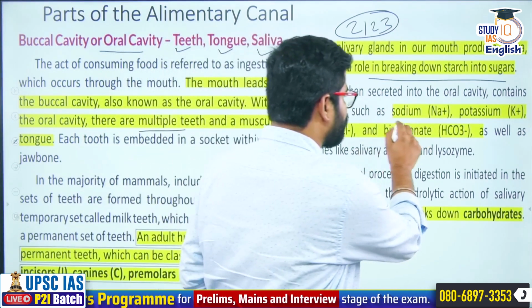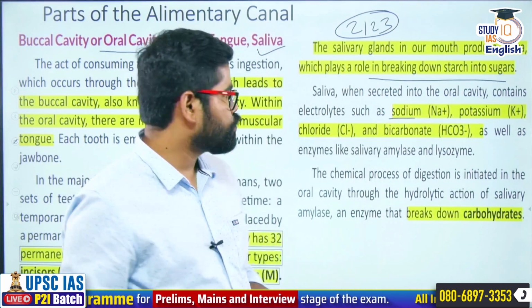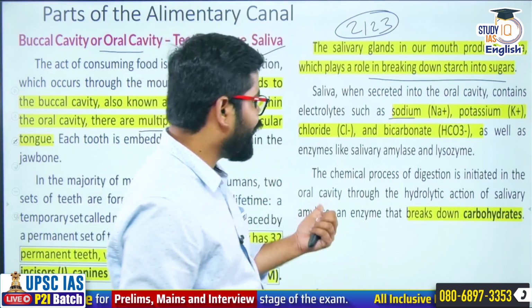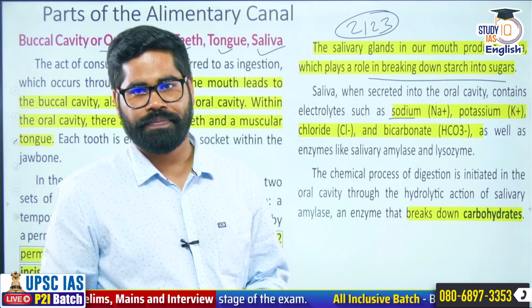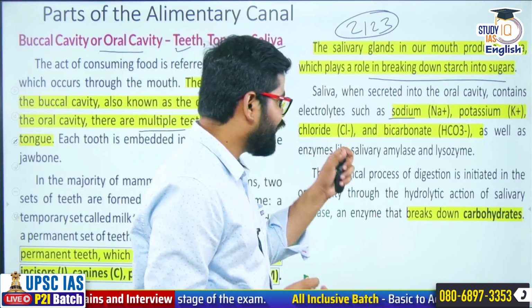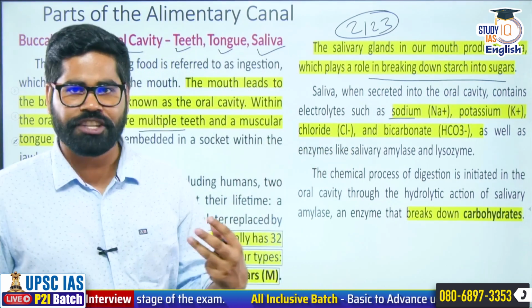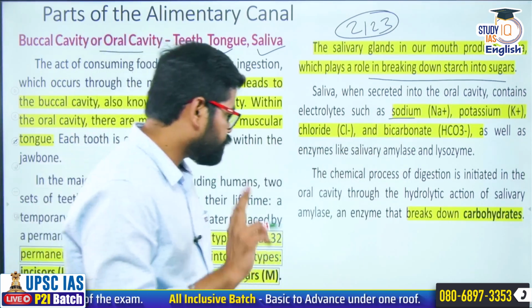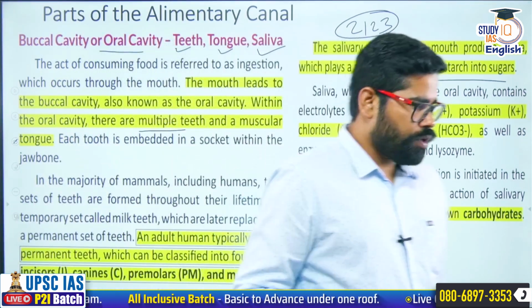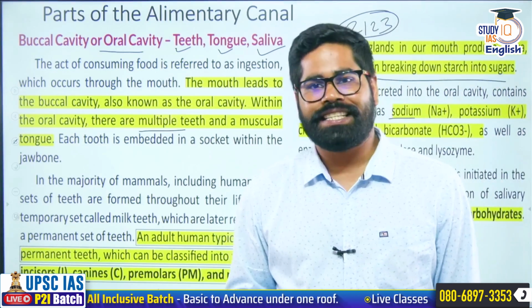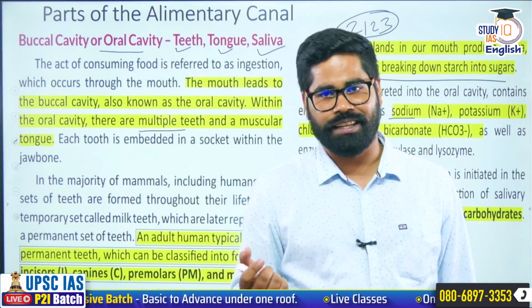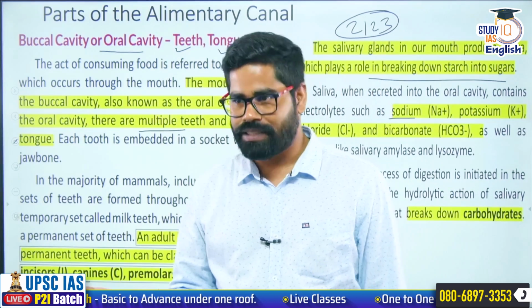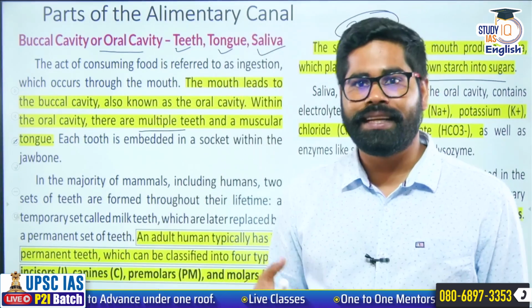Basically, it consists of electrolytes such as sodium, potassium, chloride, bicarbonate, etc. So this process of digestion starts in the mouth itself. We can see the role of teeth, the role of tongue, then the role of the salivary gland.